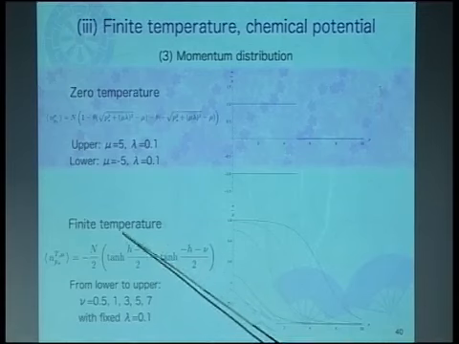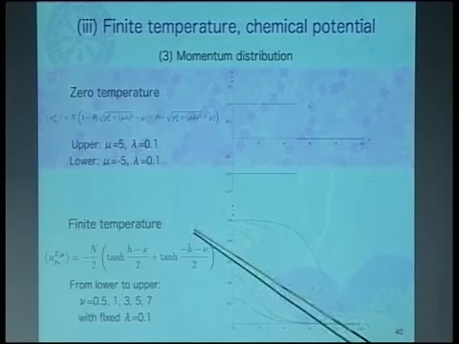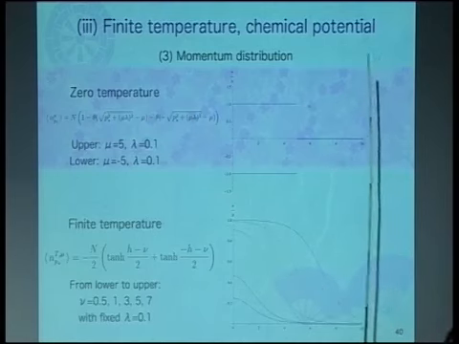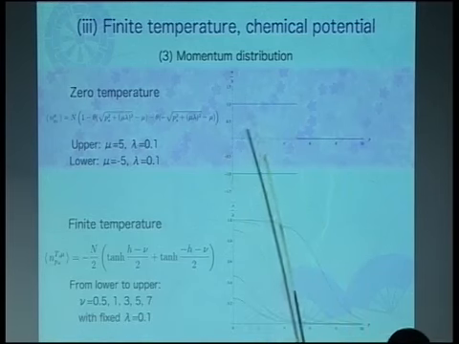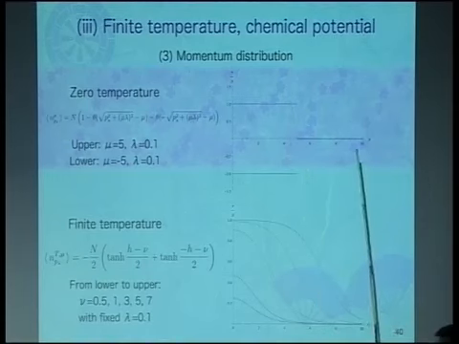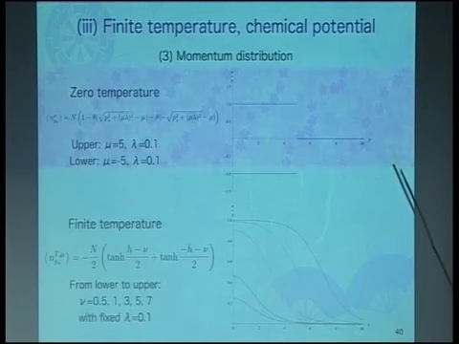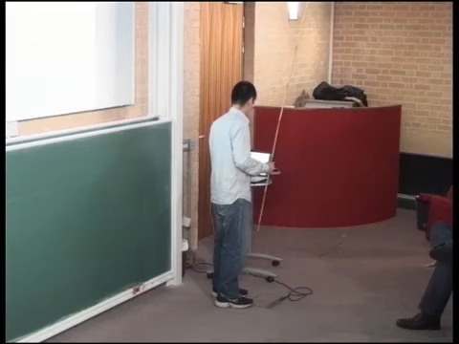In the finite temperature case, this step function is smoothed by temperature like this. This behavior is the same as in usual statistical mechanics for a free fermion mode. So the system reduces essentially to a free fermion.